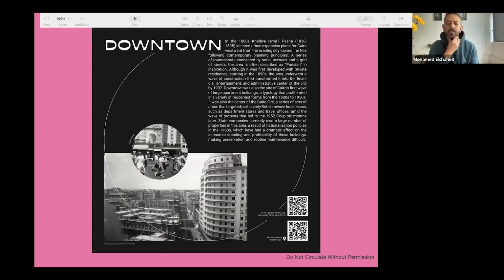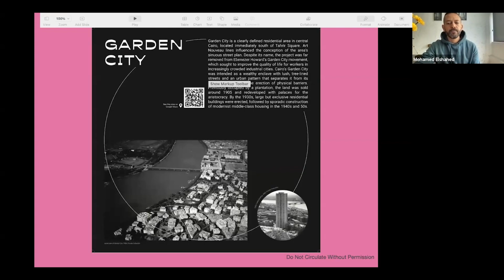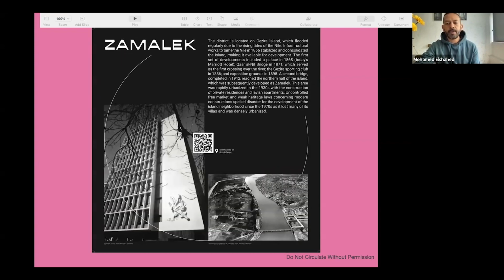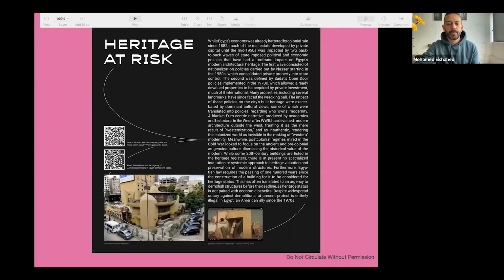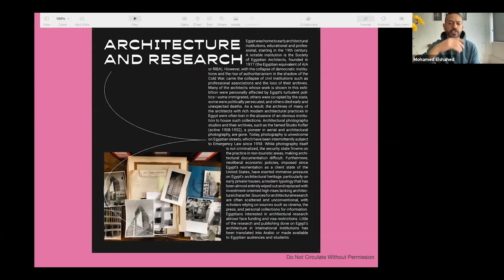Throughout, I use QR codes to link to Google Maps in the case of geographic areas, but also additional online resources like film trailers, documentaries, and so on, which may be useful. And you can see that this is a primarily graphic exhibition, and I can talk about that a bit more, but maybe important to point out these two boards at the very end, one that has to do with heritage, and the other one that has to do with research.